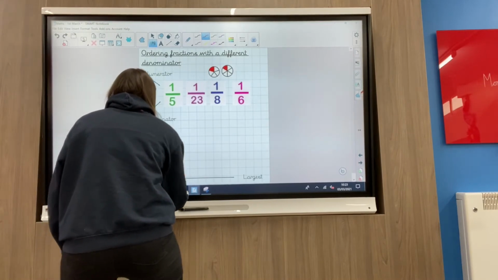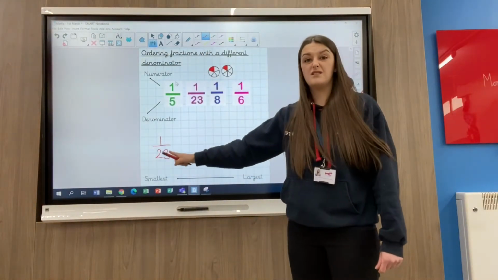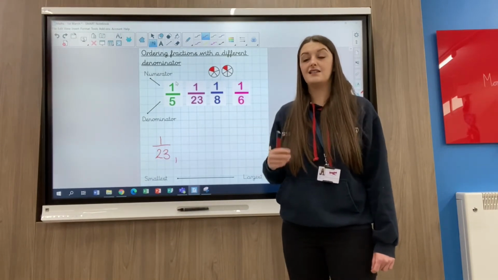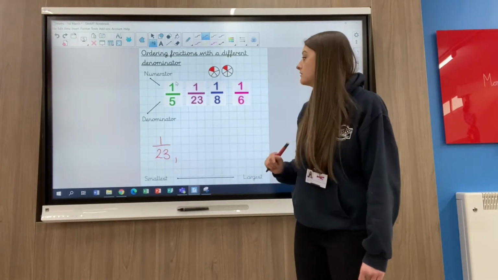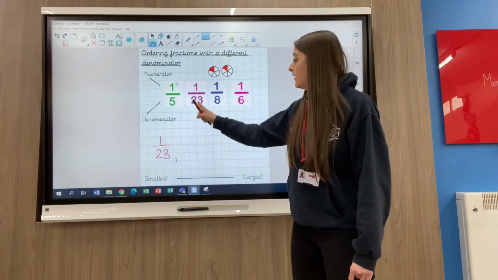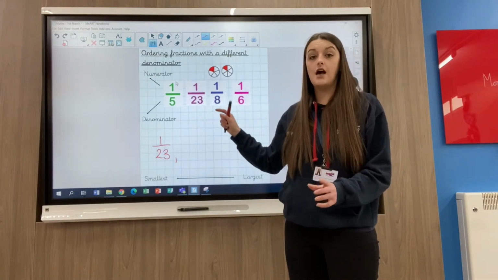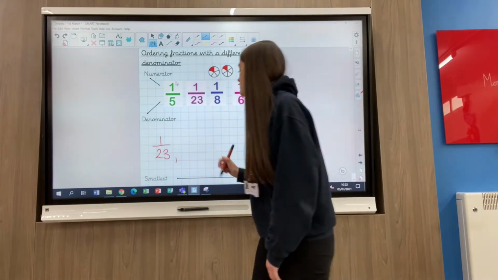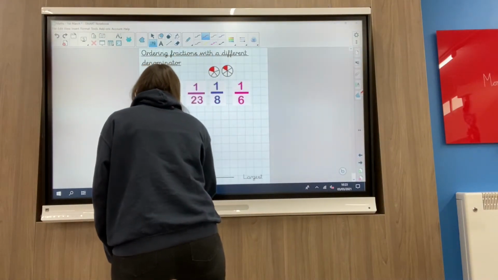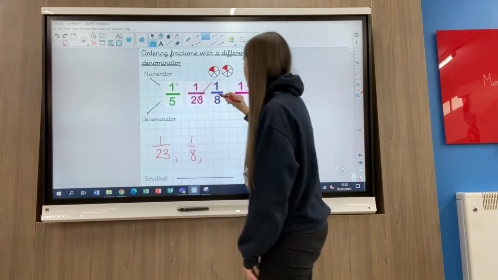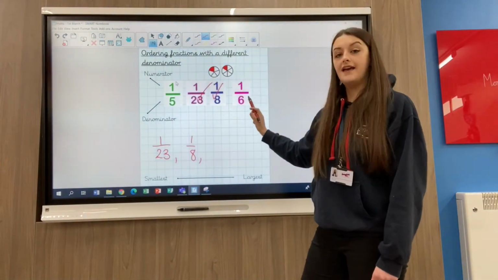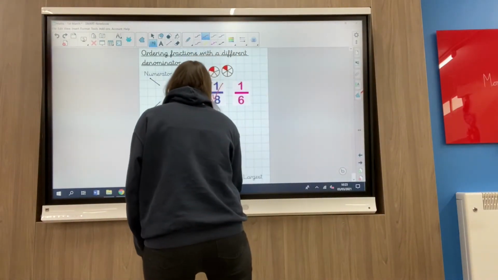So my smallest fraction here is 1/23. That's going to give me a really small slice of cake if I've had to split my cake into 23 equal parts. So then I'm going to look for the next biggest denominator, because remember, the bigger the denominator, the smaller the fraction. So that's going to be 1/8. I've done 1/23, 1/8. Then it's going to be 1/6.